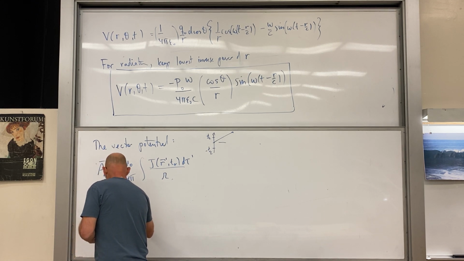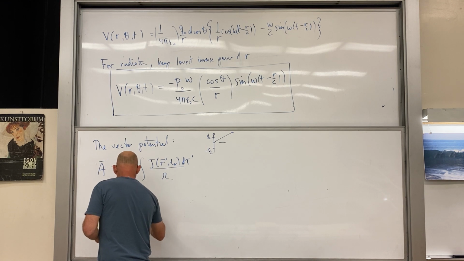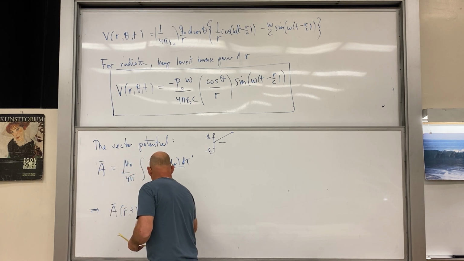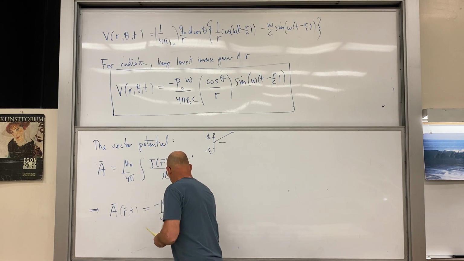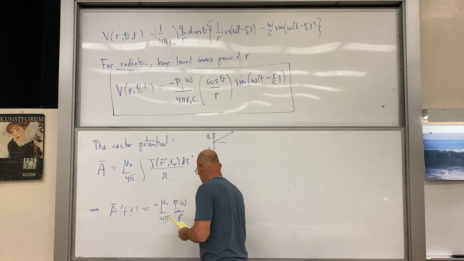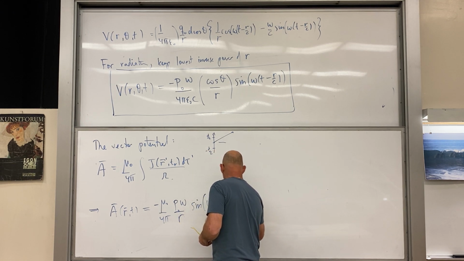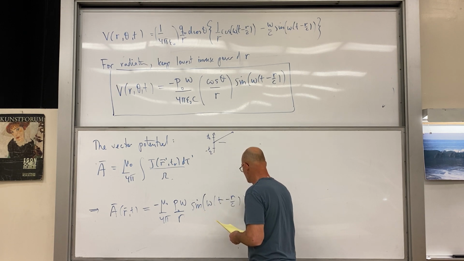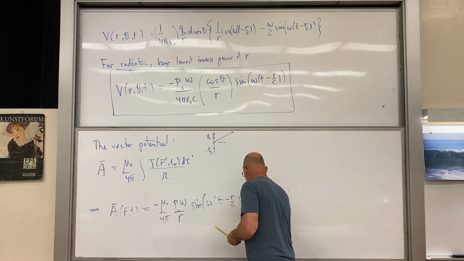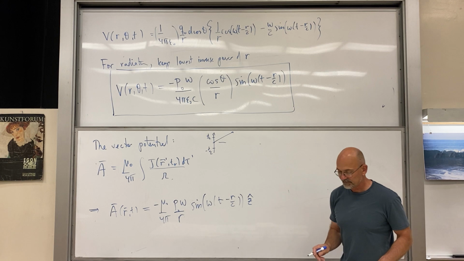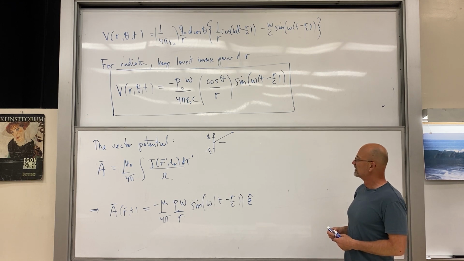A(r, t) will have minus μ0 over 4π, we'll have the q0 ω over r, sine of ω(t − r/c), in the z hat direction.